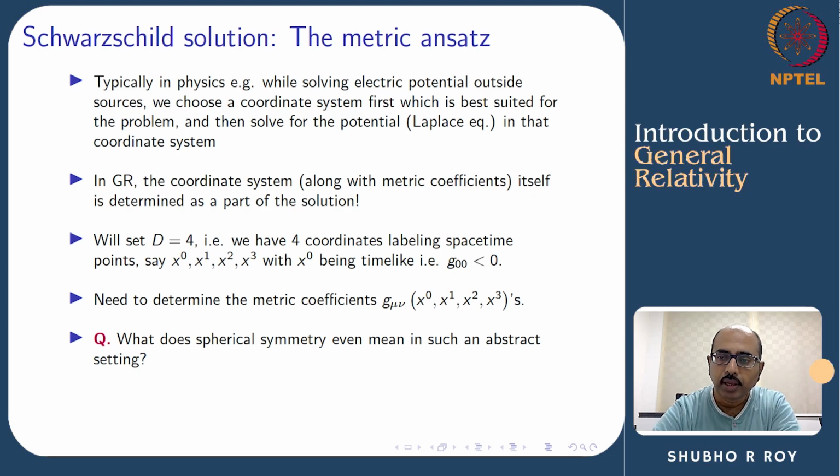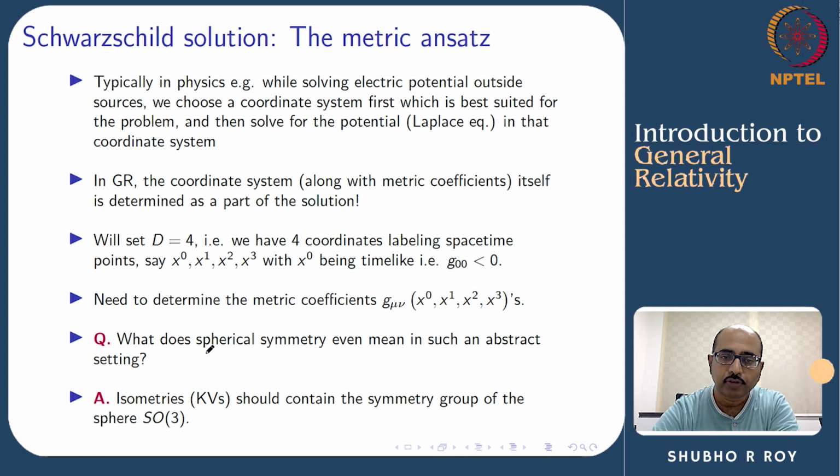Here, to answer this, we will refer to the concept of Killing vectors, which we use to define isometries or symmetries of the metric. The definition of spherical symmetry, in the language of GR isometries, is this: out of those, a subset of Killing vectors should have the symmetry group of the sphere.